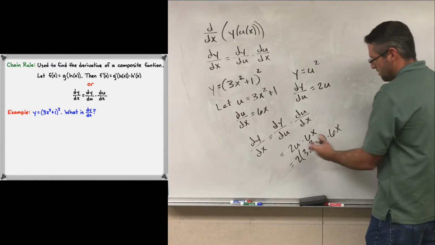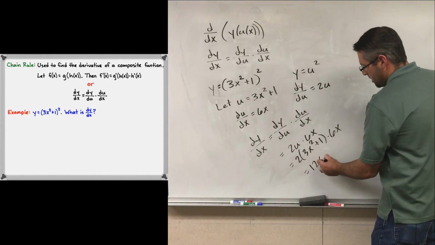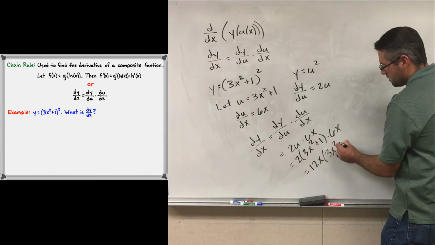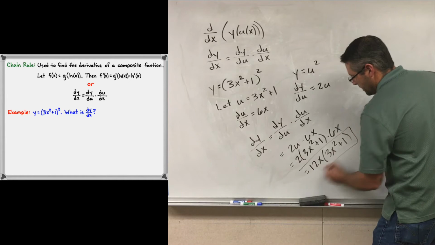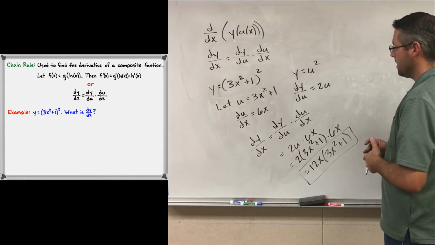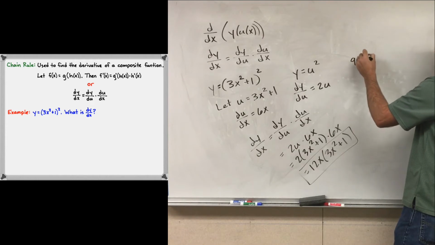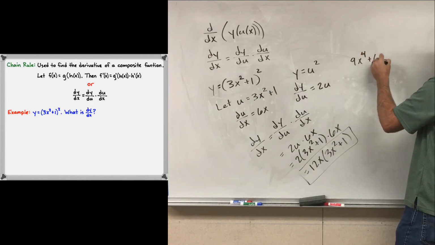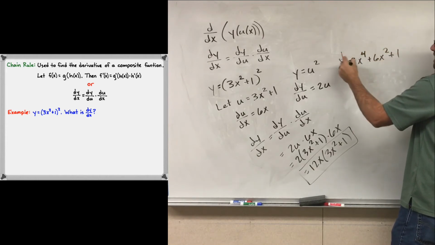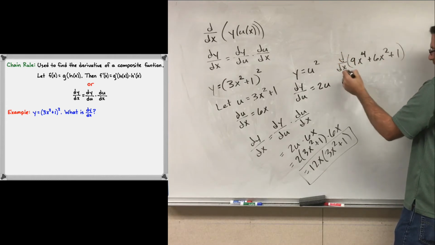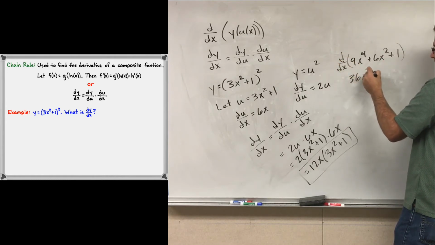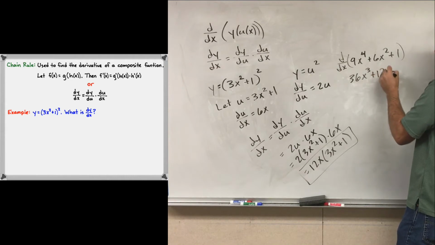And then obviously we can simplify that further if we wanted to. I'm not going to go too far with this, but we'll just say that that is as simple as I want to get it. And again, you can go through and expand this all out, 9x to the 4th plus 6x squared plus 1, taking the derivative of that. That would be 36x to the 3rd plus 12x.